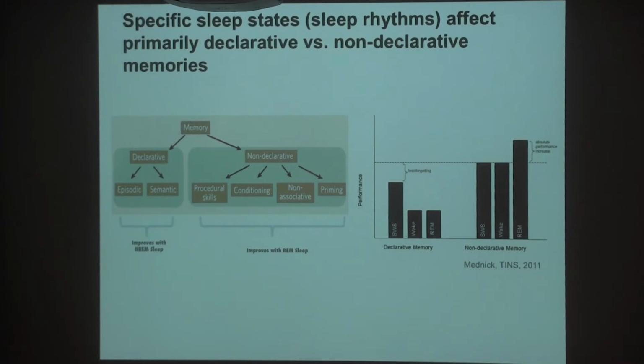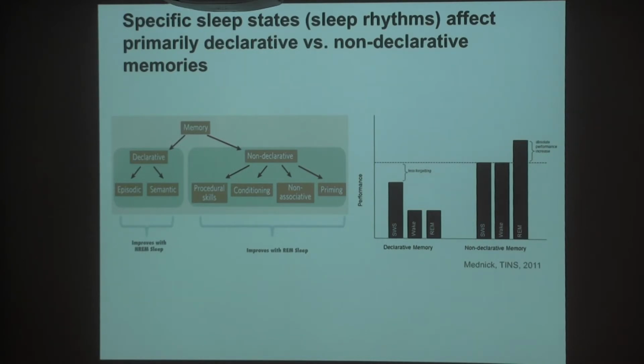Now, there are a number of studies which suggest that specific sleep stages may play a somewhat specific role in consolidation of different memories. This is from a Sara Mednick paper, which shows that for declarative memory, slow wave sleep is particularly important.